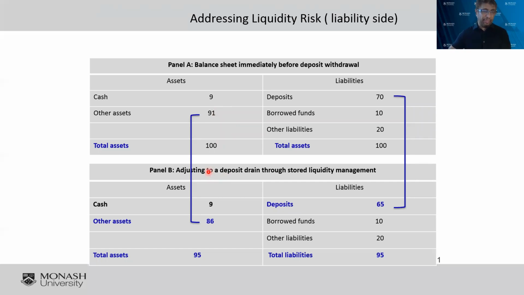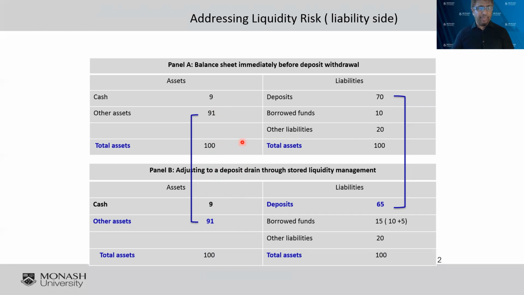So liability side risk, addressed through the asset side, the balance sheet size will drop. Let's look at the next case.